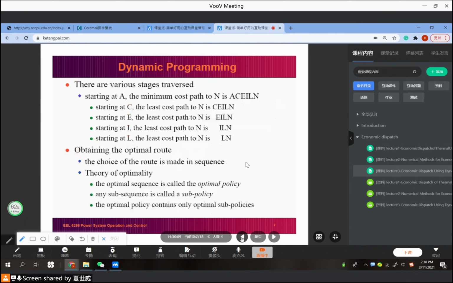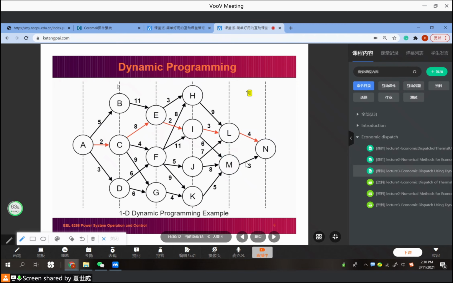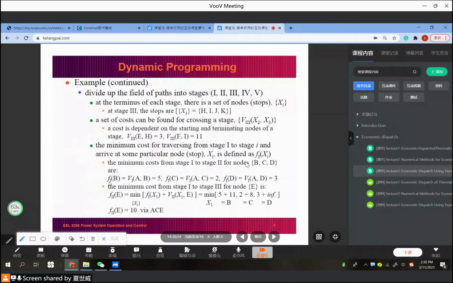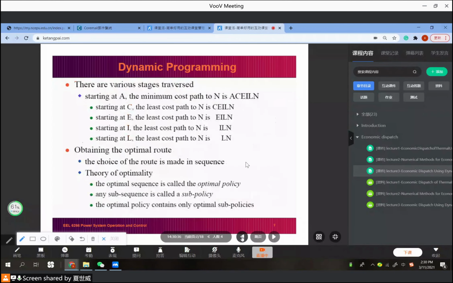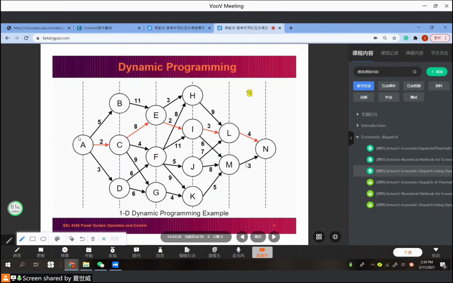If you travel from A to B, the cost will be 5. Travel from A to C, the cost will be 2. Travel from A to D will be 3. You see, from A to B will be 5, A to C will be 2, A to D will be 3. That means you travel from stage 0 to stage 1, you have different costs for each stop.